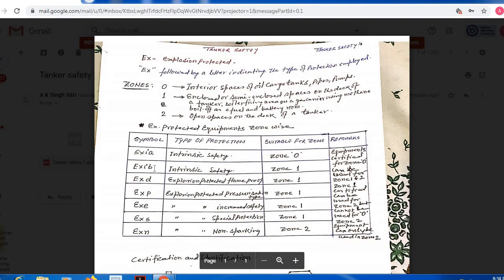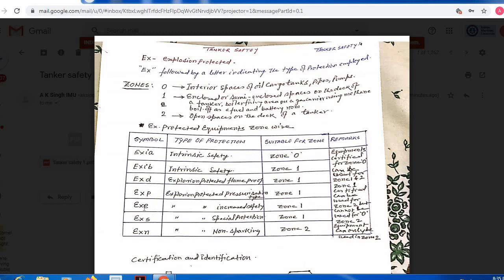Now the ones which are EXIB, EXD, EXP, what are these? EXIB is intrinsic safety, B type. EXD is explosion protected flame proof, D stands for flame proof. Then EXP is explosion protected pressurization type, where P stands for pressurization.